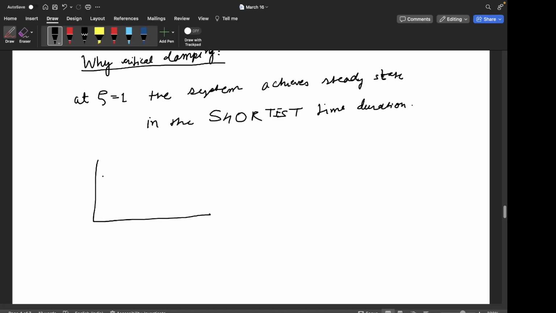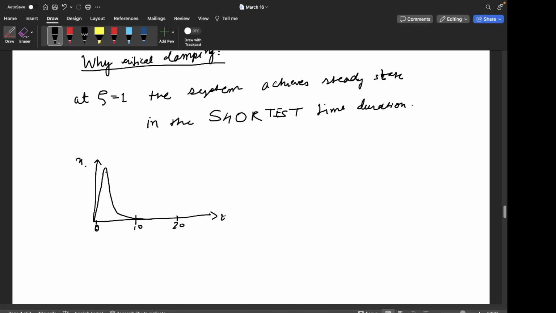So just for reference, I will draw two plots. This is, let's say, 0, 10, 20, and so on.